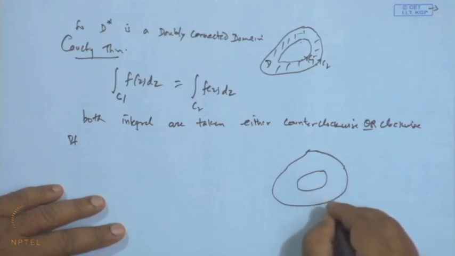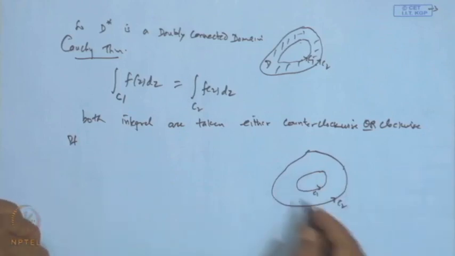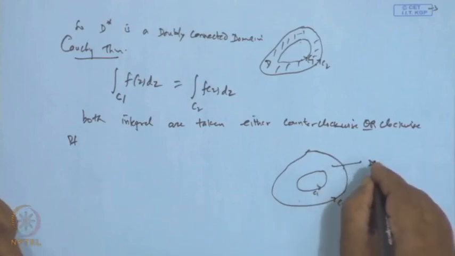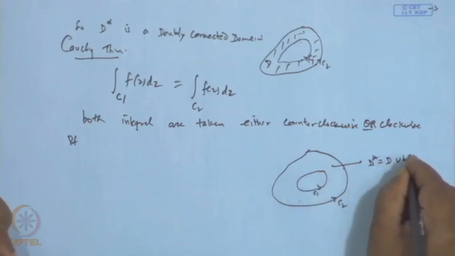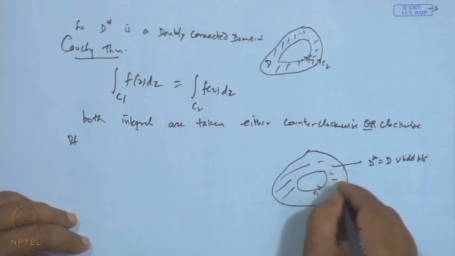So, this is our C1 and here is C2, and D is this domain between them. Now, this is the domain D star, which is D union the boundary points C1 and C2. So, this is our domain D.